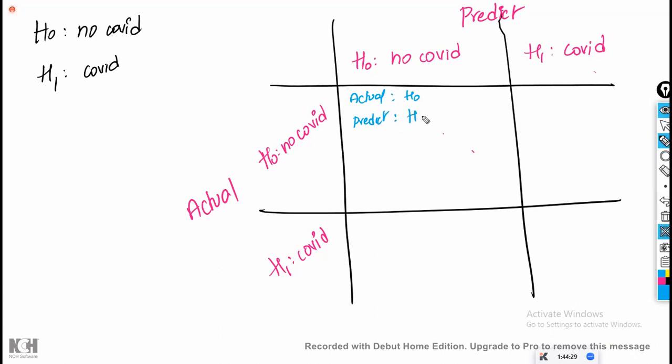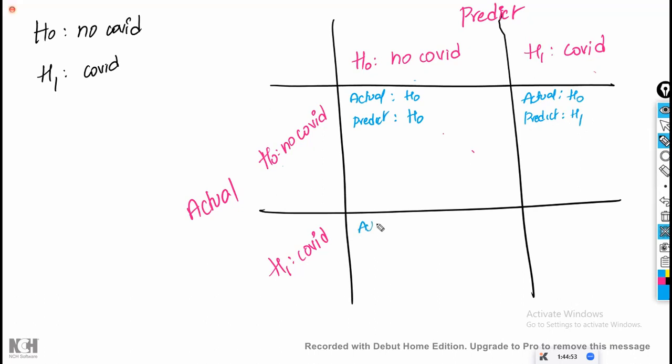Actual H0, predict H0. This cell is fixed. Any questions in this cell? Whatever is on the actual side, you write that word. Whatever is on the predict side, you write that word. Now in this cell, what is actual? H0. What is predict? Write that one. Come to the third cell.